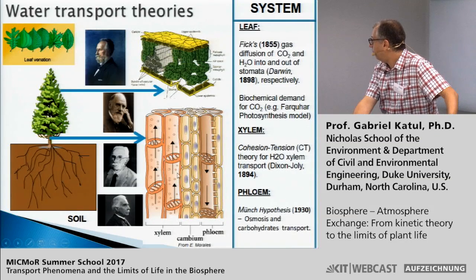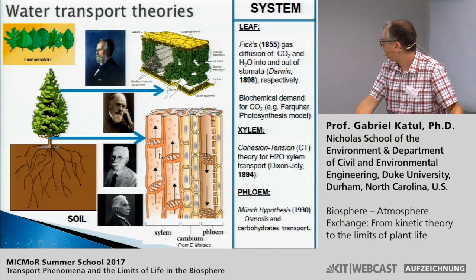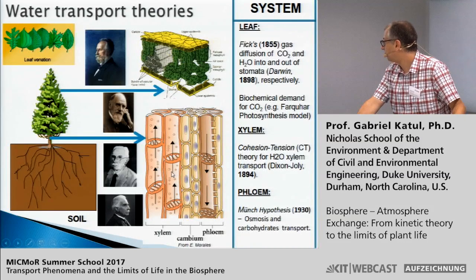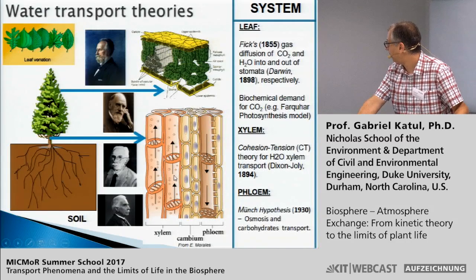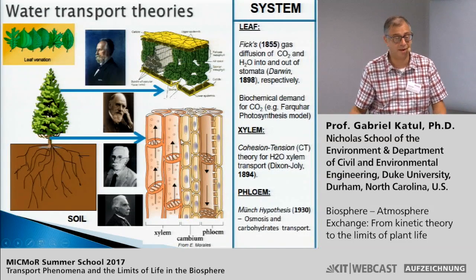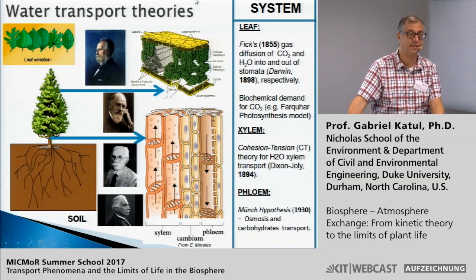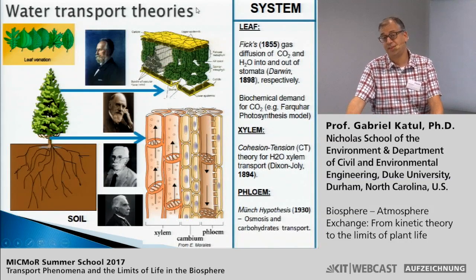In terms of water movement in the xylem, Wilfried mentioned yesterday cohesion tension theory. This was somewhat known here and there before, but it was formalized by the work of Dixon and Joly in 1894, to the horror, by the way, of Francis Darwin. He was entirely not convinced by this idea, and for good reasons at his time.